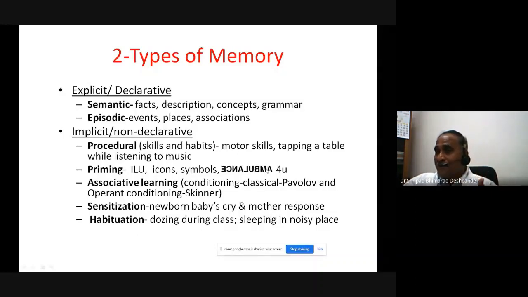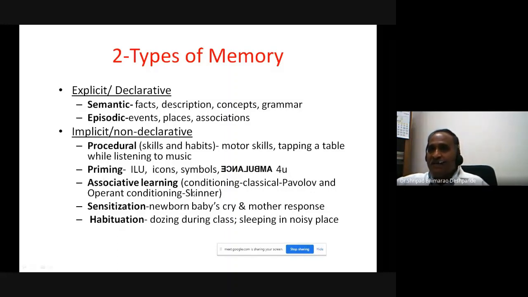Already we are primed about ambulance and how it is spelled, and our brain tries to reverse it and give you that. That's priming. So this is what the new culture has developed with the mobile messaging system.